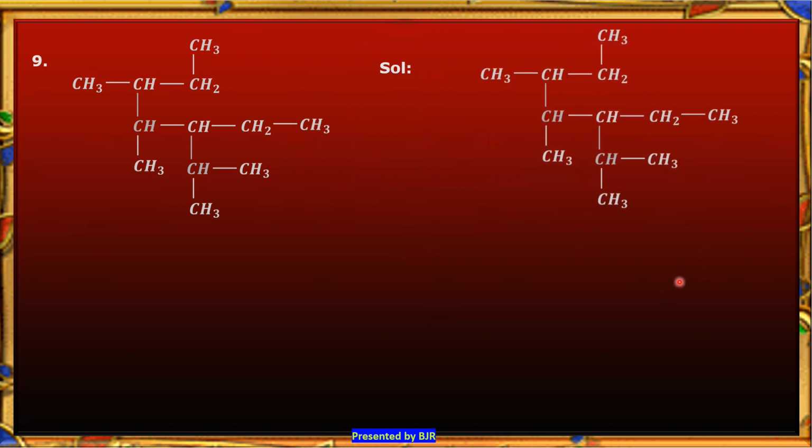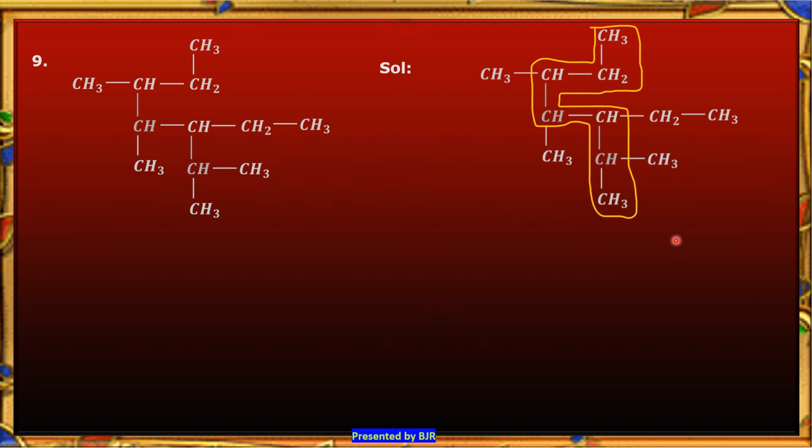Now which one is the parent chain? Suppose if we take this as the parent chain, then it contains only 6 carbon atoms. Instead, if we select this as the parent chain, then it contains 7 carbon atoms. So this is the longest chain of carbon atoms, this one. Then it contains 7 carbon atoms.